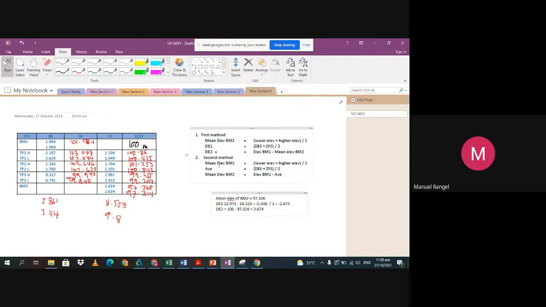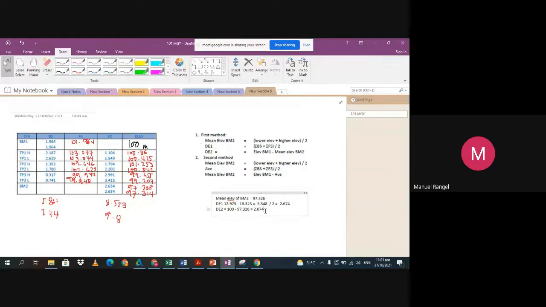Then for second method, mean elevation of BM2, the lower elevation plus higher elevation divided by 2, so 97.36. The average, mo nagpares naman, 5.861 plus 7.114 plus 8.523 negative, then plus 9.8 negative gapon, .348.